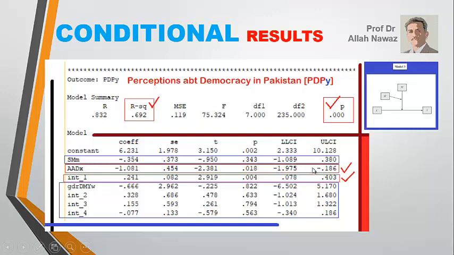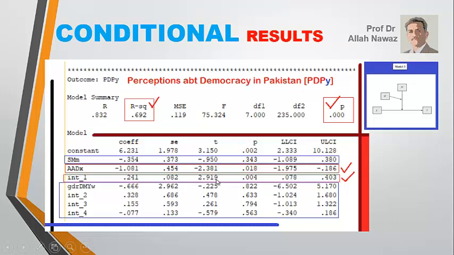So it is also showing that the impact of x variable on the perceptions about democracy in Pakistan is significant, however negative.